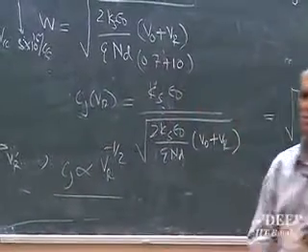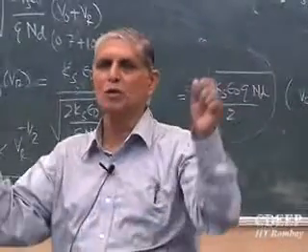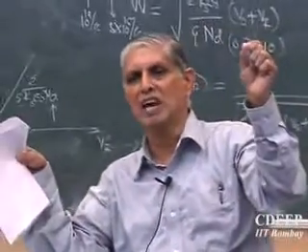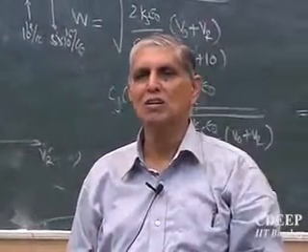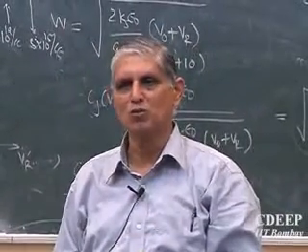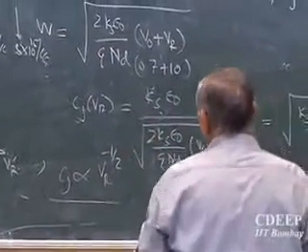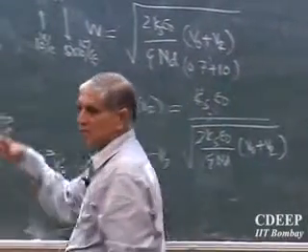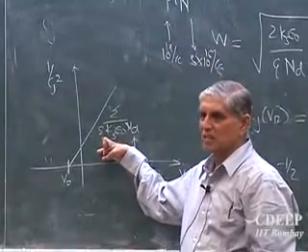So the larger the reverse bias, the smaller the junction capacitance. Obviously, because the width of the depletion region will increase with increase of reverse bias, C is epsilon by W. W increases means C will go down. That's very simple. But this fact has to be remembered: this is only true for abrupt or step junctions.